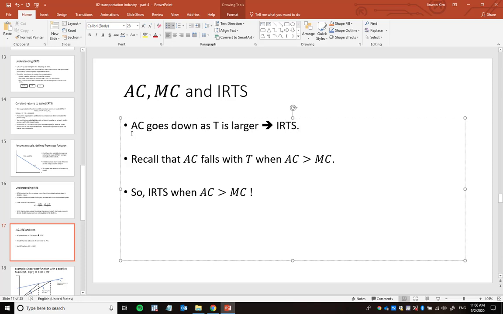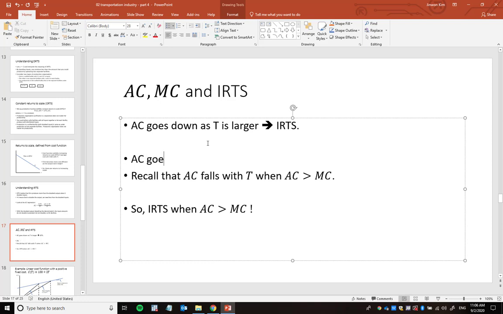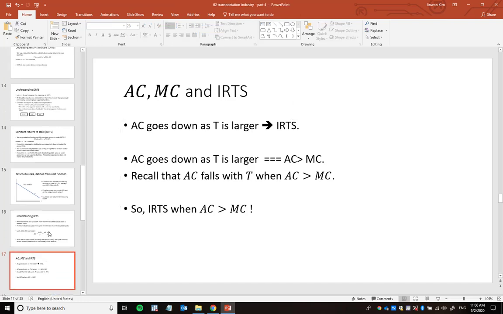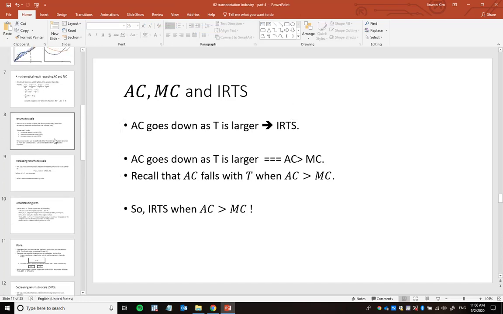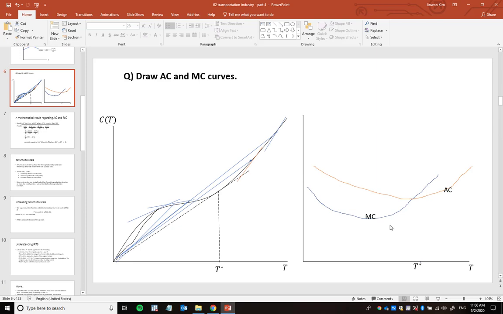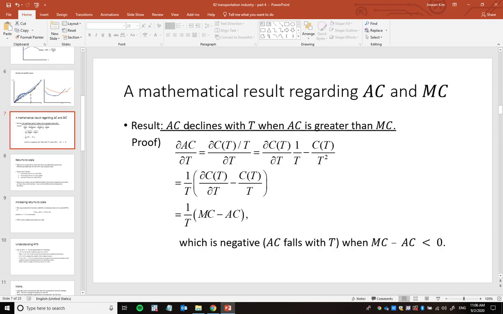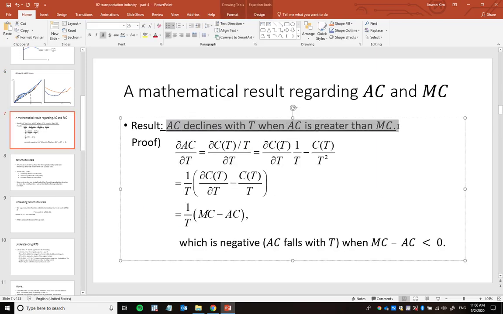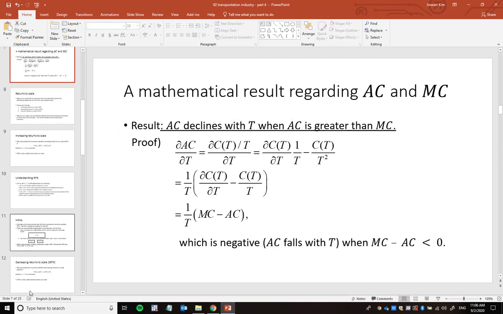Also, AC goes down as t is larger, which is the same thing as saying that AC is larger than MC. We saw this property from this mathematical result: average cost declines with t when AC is larger than MC. That's what we looked at from this slide.